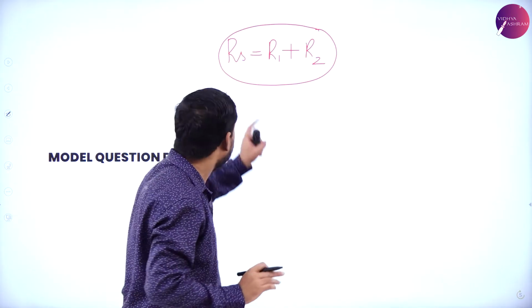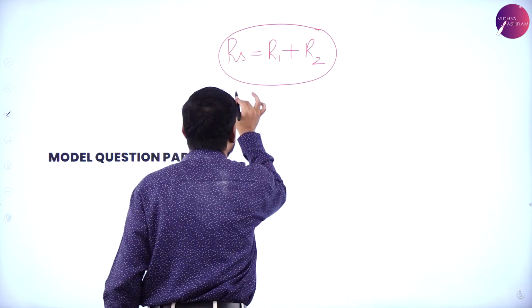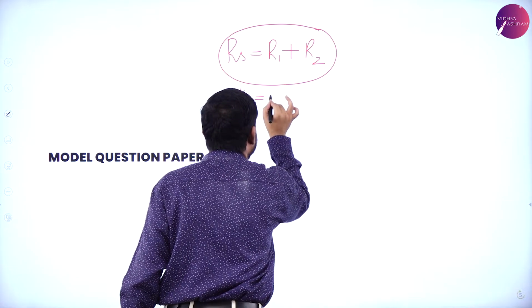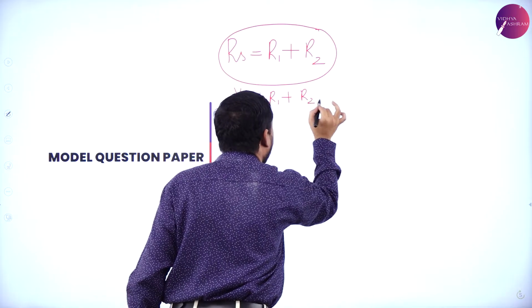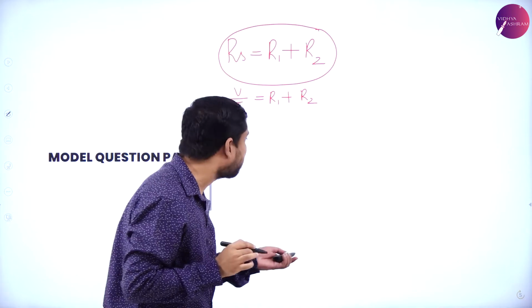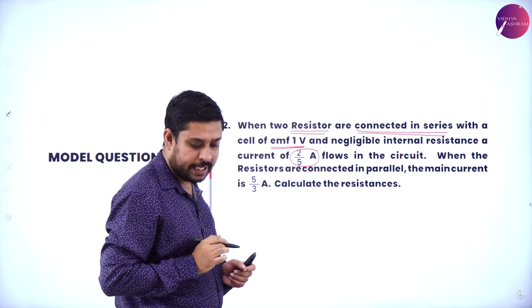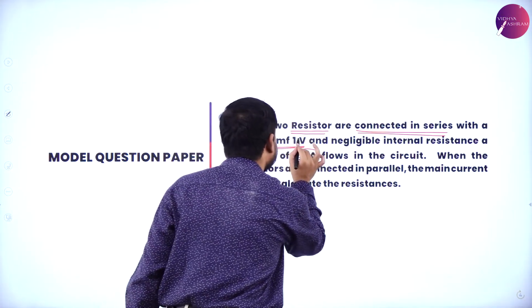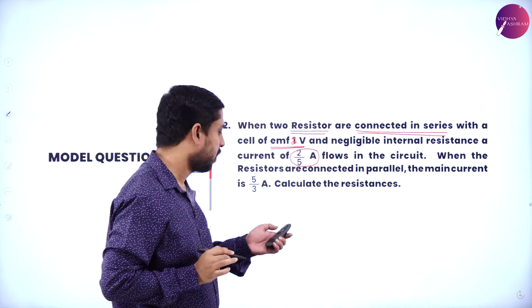Now, we also know that resistance is V by I, which is R1 plus R2. What is the EMF of the cell given to be? 2 volts.